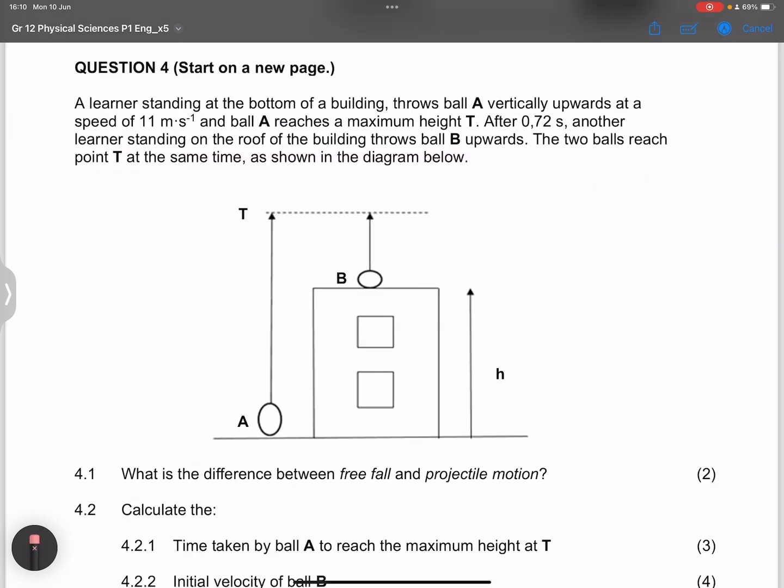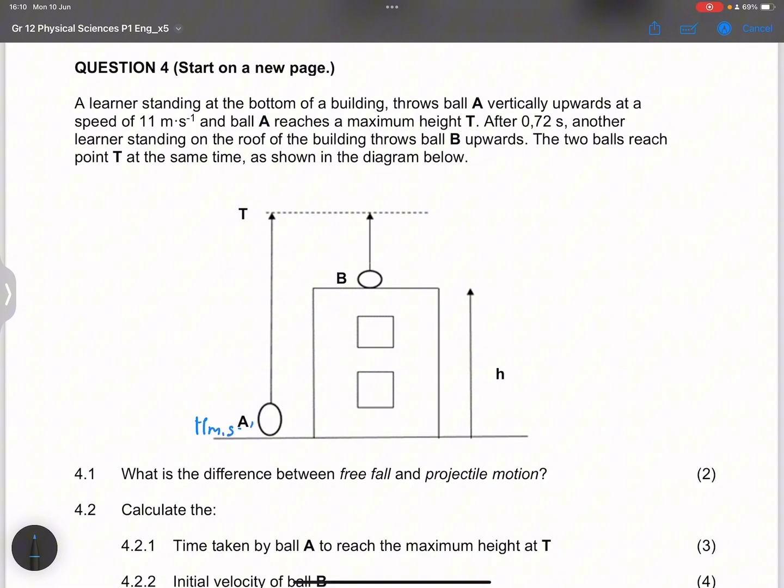So we move on to question 4. They say a learner standing at the bottom of a building throws a ball A vertically upwards at a speed of 11 meters per second. So I might as well just put in that information, right? So that's 11 meters per second.